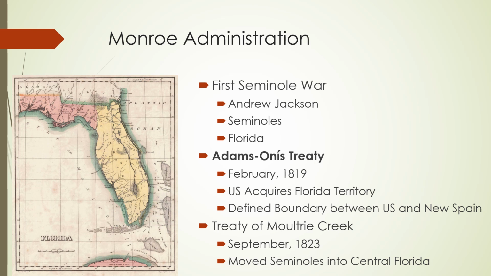The consensus is that the Seminoles were created out of the refugees and the mass displacement and relocation of Indians during the War of 1812. The War of 1812 in the South was an Indian war. And so you had a lot of Indians displaced by war, forced to relocate by war.